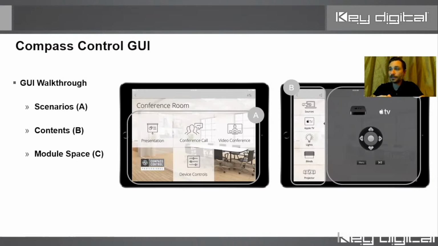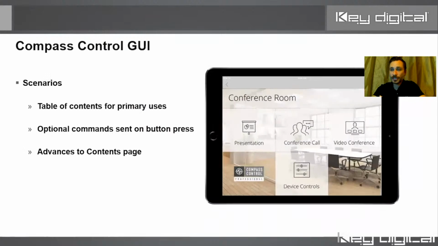Then when you press one of those buttons, it'll advance you to the next page where we have our contents space in the B section there, and our module space, the device modules that we see. So the scenarios, think of that as your table of contents for your usage of your system. When you press that button, it will advance you to the next page where we see the contents list and we have the module space.